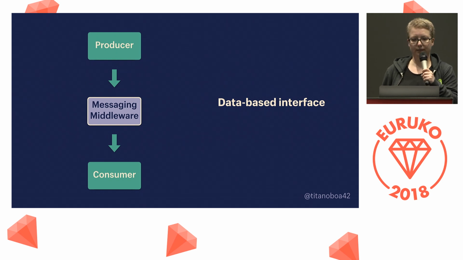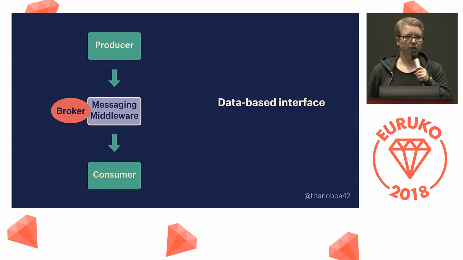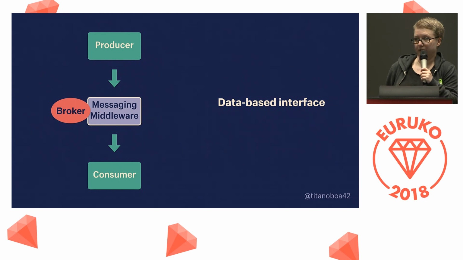But the logic for message routing and managing workers is now inside the middleware, completely separate from our own code base, from our services. Producer and consumer of messages only need to speak the middleware's protocol. And instead of passing Ruby objects around, they agree on a purely data-based interface. For example, a JSON payload with certain attributes.